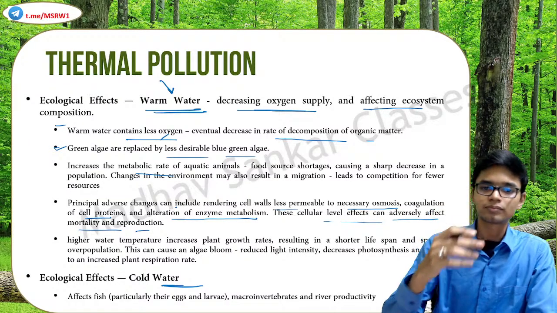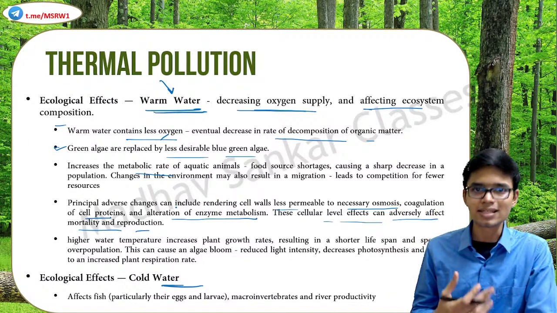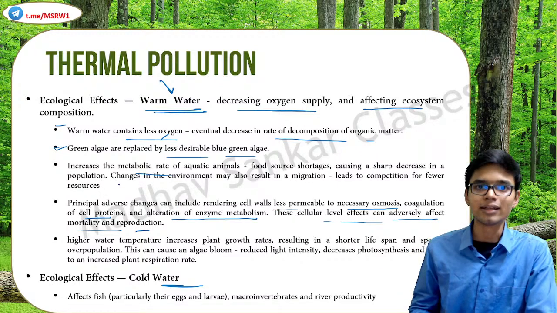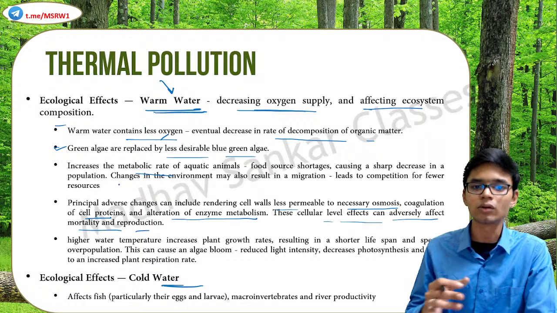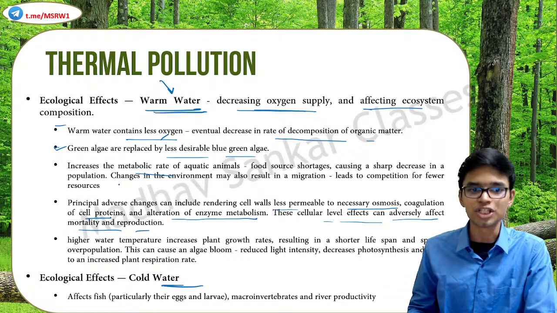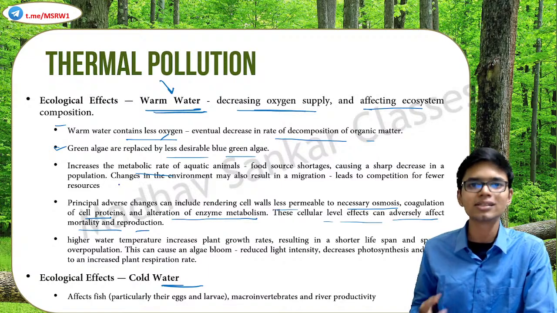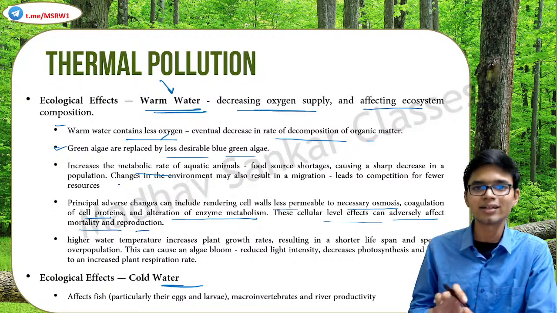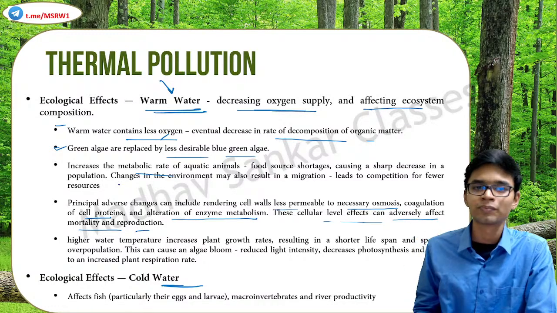Okay, so these kinds of processes are very necessary in sustaining life in an aquatic environment. And thermal pollution basically destroys the ability of the cell wall to do this osmosis, both osmosis as well as reverse osmosis, coagulation, enzyme metabolism. All these things are negatively affected. You don't have to go into too much chemistry about it. Just understand that all these are under threat.